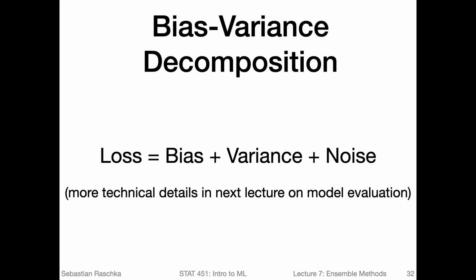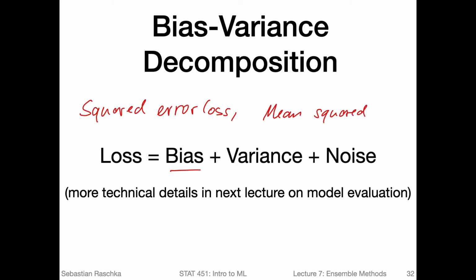You probably have encountered this in previous statistics classes, where we had a squared error loss, or mean squared error, and decomposed it into a bias term, a variance term, and a noise term.